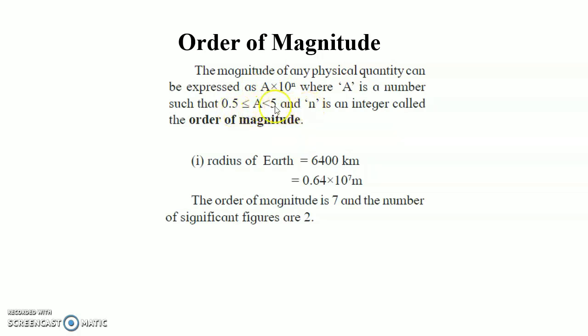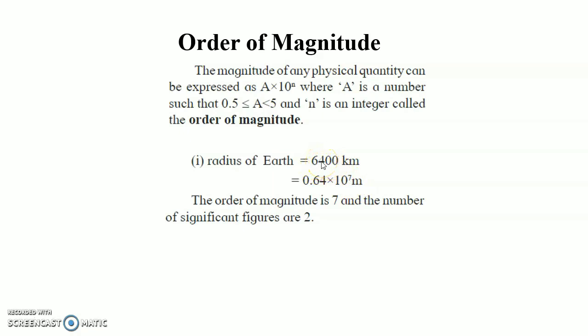It should not be greater than 5 or lesser than 0.5. So if we want to convert this number into meter, kilometer can be written as multiplied by 10 raised to 3. So the number will be 6400 into 10 raised to 3 meter. Always convert it into SI unit. So kilometer has to be converted into meter because meter is the SI unit of length.